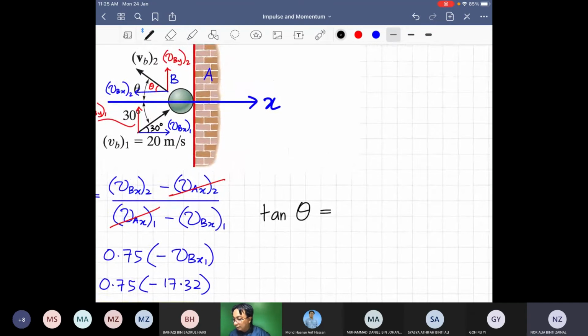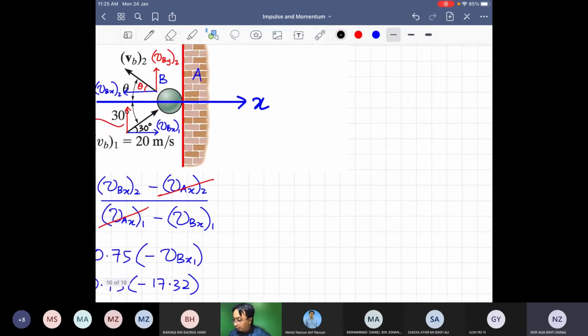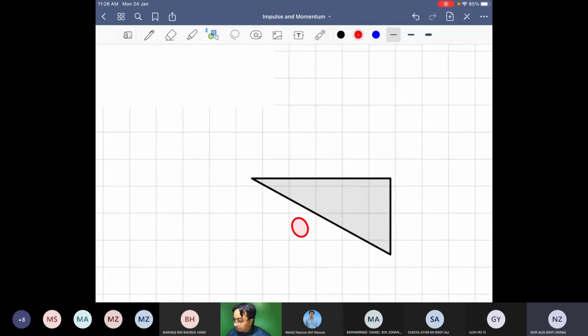Kalau kita rujuk dekat sini, let me draw a triangle first lah supaya you lebih clear. Okay, kita lukis dia sebagai ini, macam ni, and macam ni. Okay, so this is VB2, and this is VBY2, and this is VBX2.